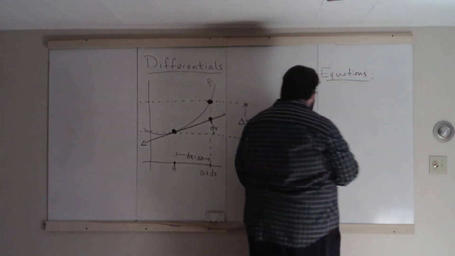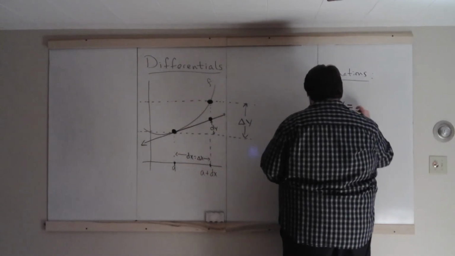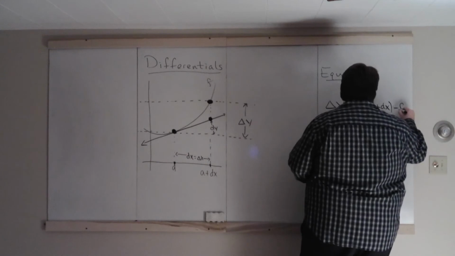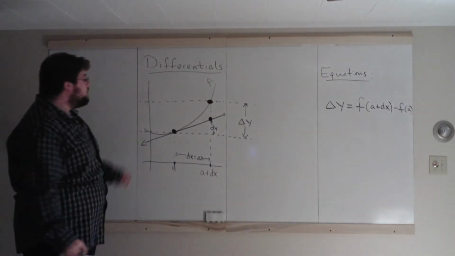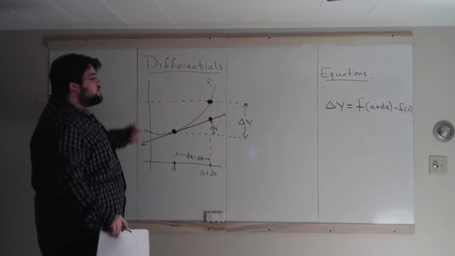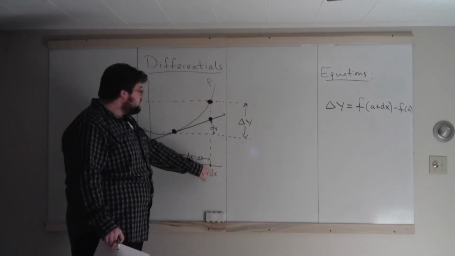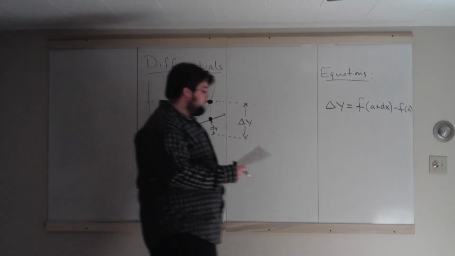So I'll just say equations. First one, delta y equals f of a plus dx minus f of a. So delta y is the change in the y values. That's the change we're going to want to find. So it's f of a plus dx minus the y value here, so minus f of a.